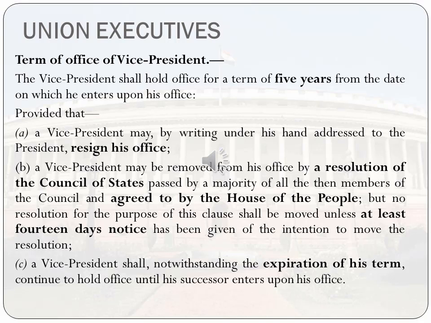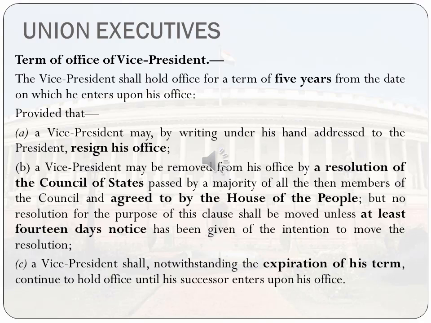The Vice President shall, notwithstanding the expiration of his term, continue to hold office until his successor enters upon his office. So the Vice President is eligible to hold the office for 5 years until and unless he resigns, or he is removed by the Rajya Sabha or the Council of States by giving 14 days prior notice and through the majority of the strength of the Rajya Sabha.